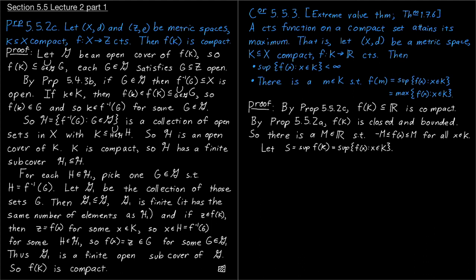And then for each natural number n, we've got that S minus 1 over n is less than S, so it is not an upper bound.